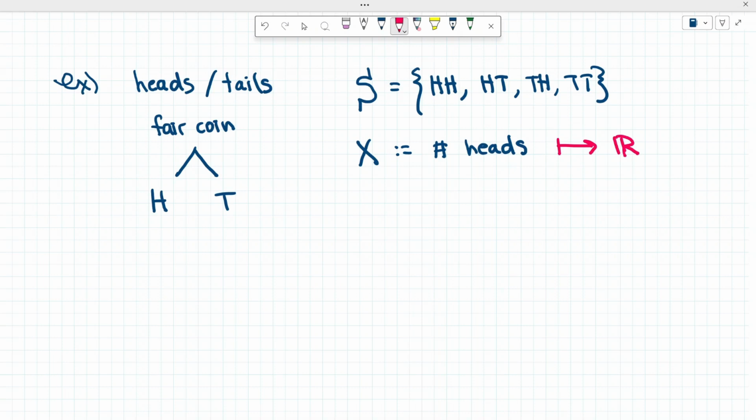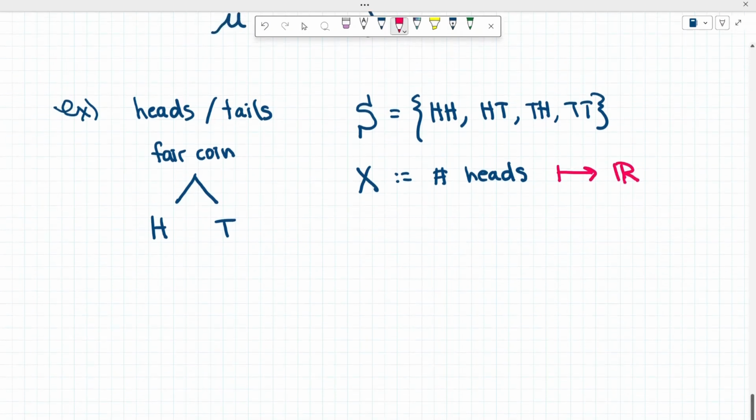Right away, we know that when we have two heads, our random variable here is 2 because we're counting the number of heads. Here x is 1, here x is also 1, and when we have two tails, our x equals 0. So these are our possible values. We can think of this as our x1, x2, x3, and x4.